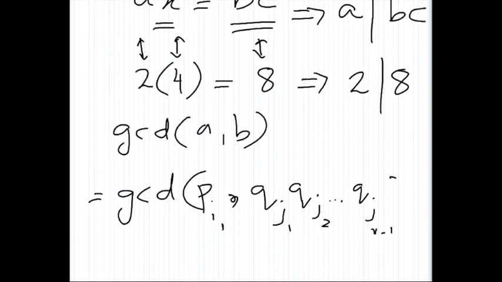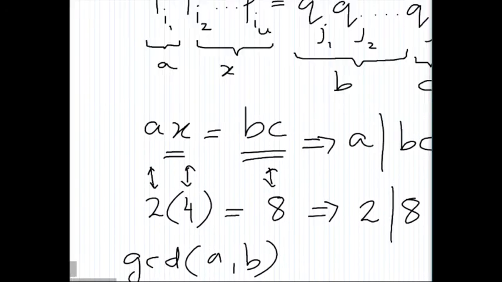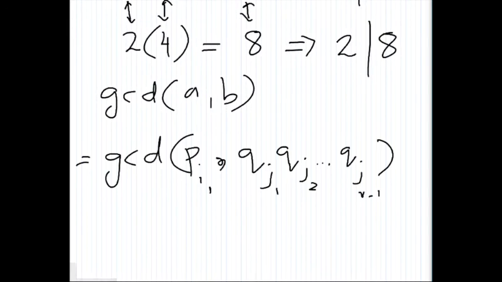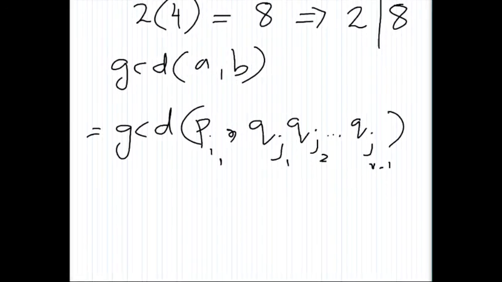Why v minus 1? Because q_jv is our c. Since p_i1 is a prime, and all of these q_j1 up to q_j(v minus 1) are primes which are different from p_i1, this GCD should be equal to 1.